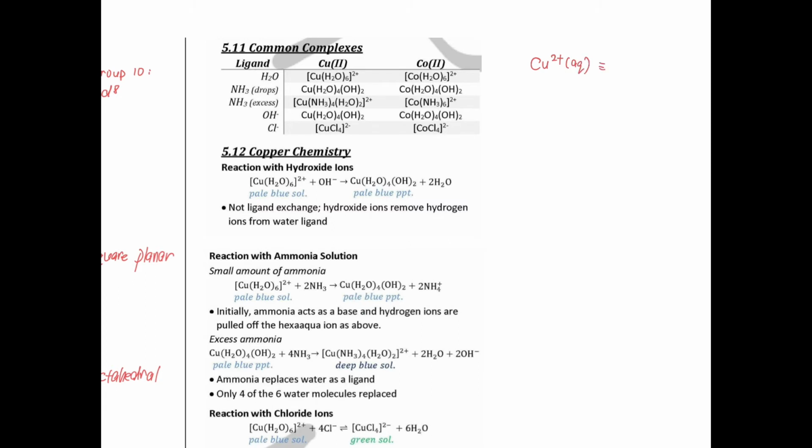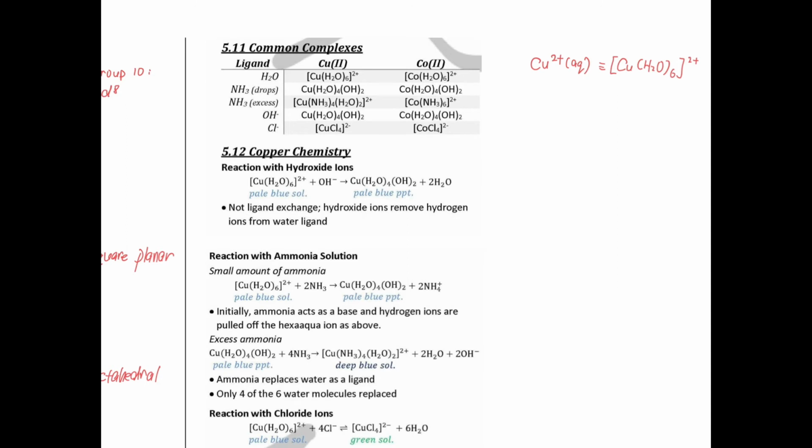So now in A2, we have to take it like this. Copper 2 ion is actually equivalent to this one. Same one. It's just that last time we never mentioned the 6 H2O that stick to the copper. Now we have to mention it because we learned at a higher level already. It's the same one. So it's the pale blue solution.